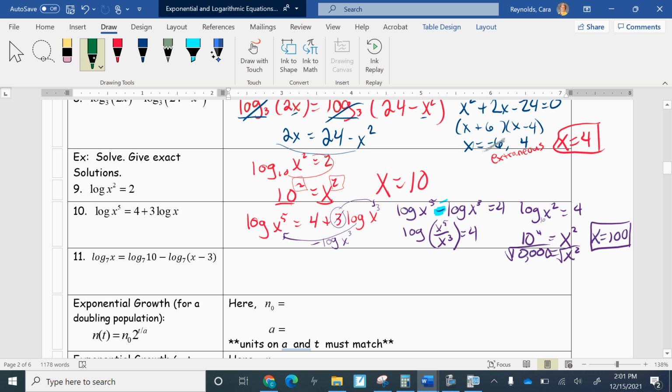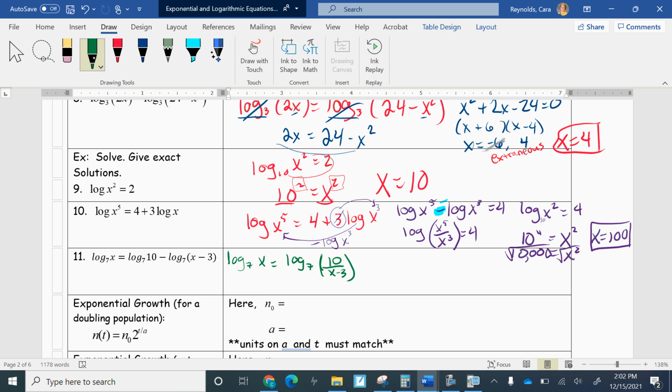So same idea here. Anytime we have more than just 2 logs, we can't cancel these out. And so to get it to a point where we can cancel the logs, then we need both sides to just have a single log. And so we can rewrite this as log base 7 of 10 over x minus 3.